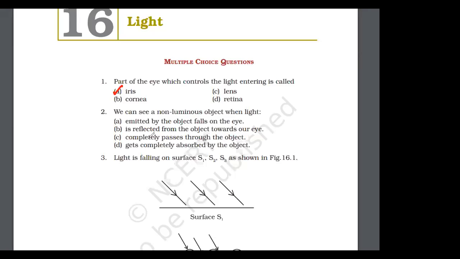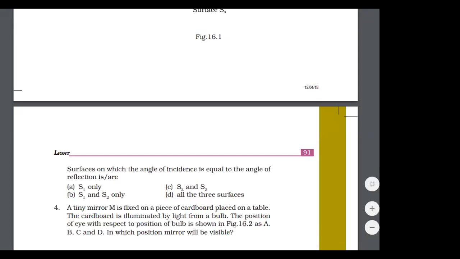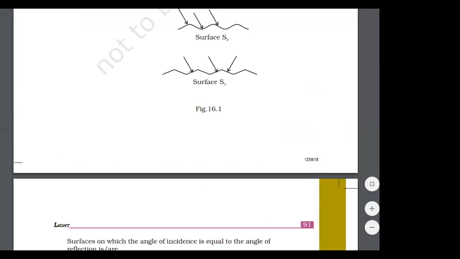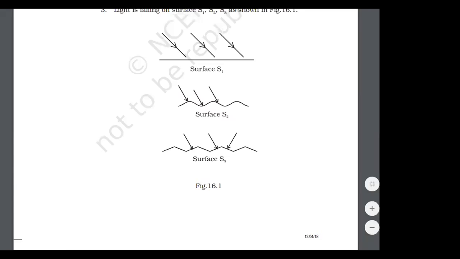Second, we can see a non-luminous object when light emitted by the object falls on the eyes. Now, third one. So we have surface 1, surface 2, surface 3.